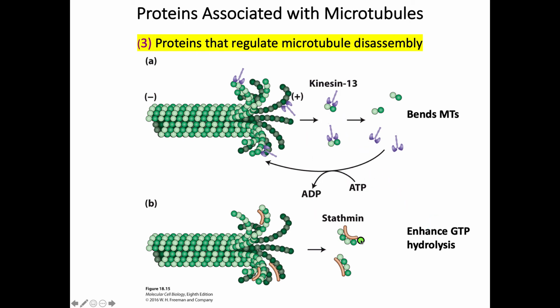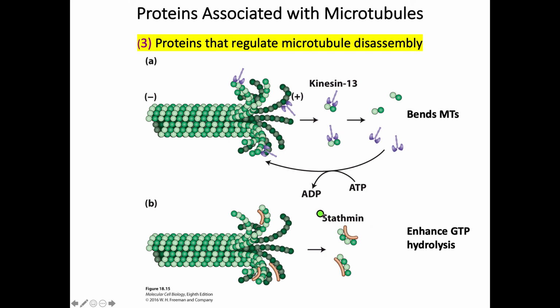This is a comparative question that can be asked. Here the kinesin 13, with the help of ATP hydrolyzed to ADP, for its own purpose, binds to the microtubule and just bends it, and that causes the disassembly. It does not replace the GTP to GDP like the other one.